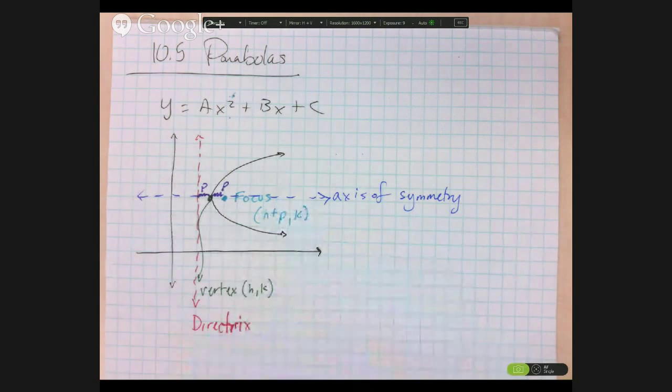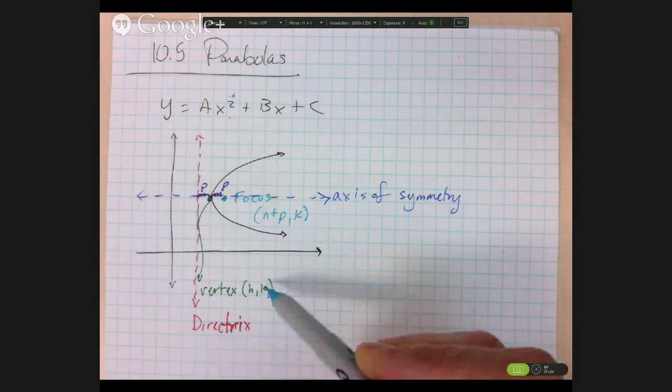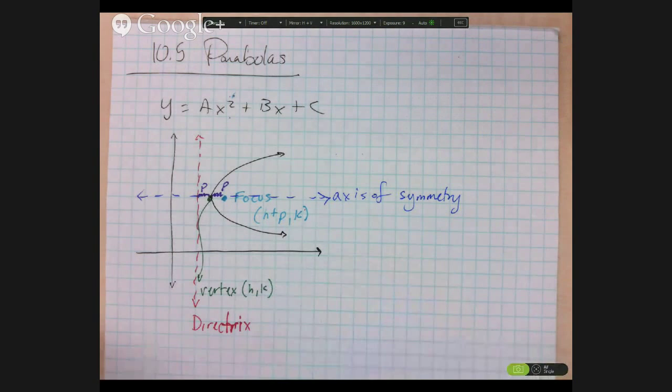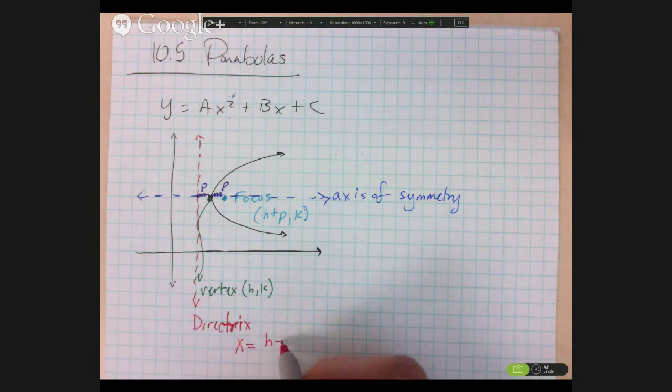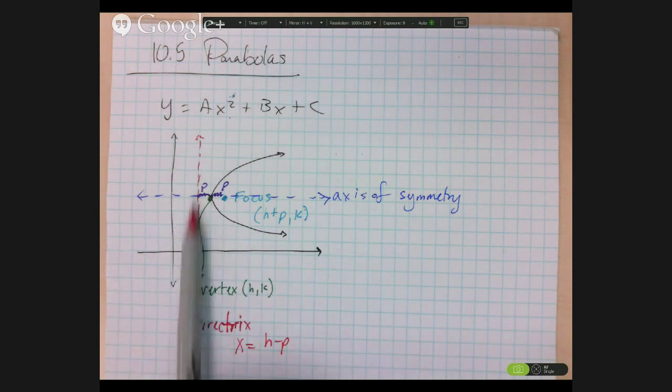The y value stays the same, still k. And the directrix, h minus p. No k because it's a line. It is a line at this x value, a vertical line. So there's the equation. This one would be x equals 2.